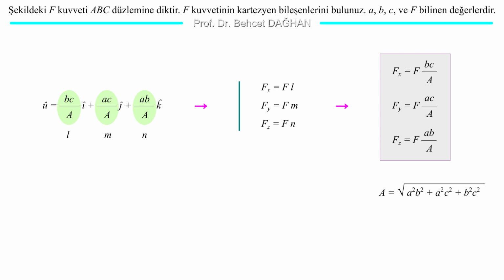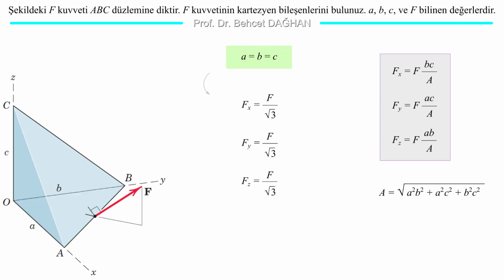By substituting the results we found, we obtain the x, y, z components of F. The x component of F equals F multiplied by BC divided by A. The y component of F equals F multiplied by AC divided by A. The z component of F equals F multiplied by AB divided by A. Here, A is the area of the parallelogram. It is twice the area of triangle ABC. We have given that below.